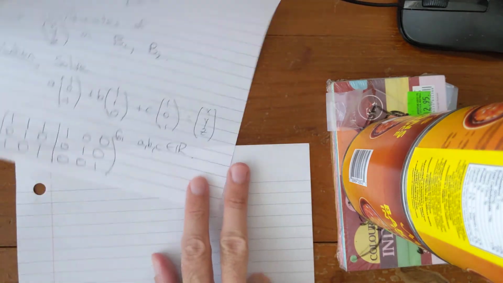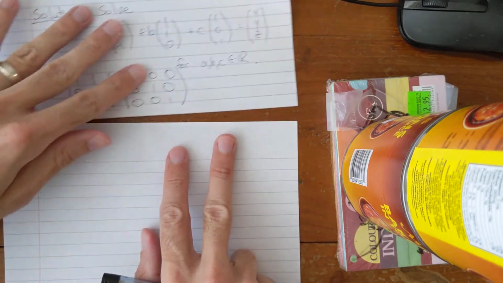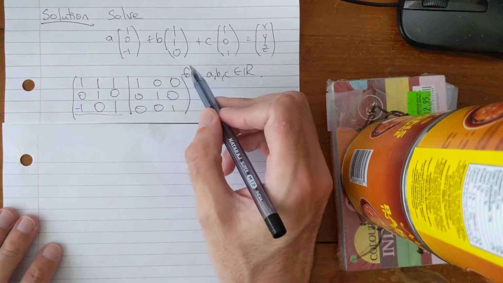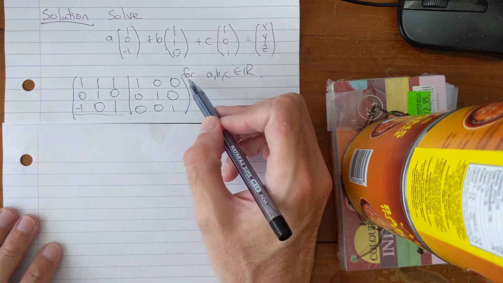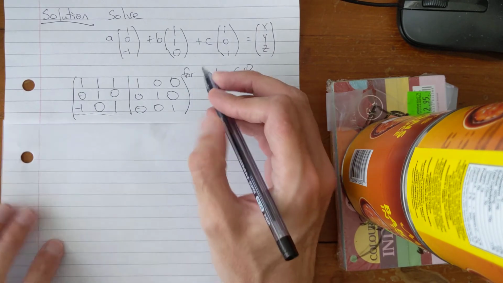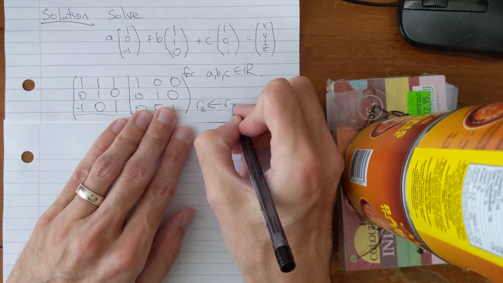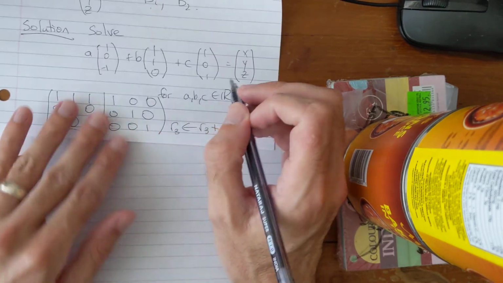Let me try it. Leave this up here. Right, so we have to row reduce. Let's replace row 3 with row 3 plus row 1.